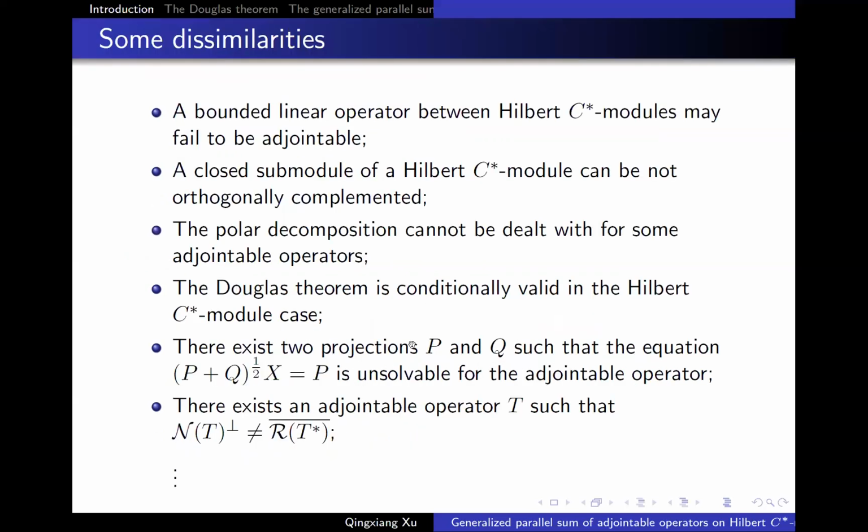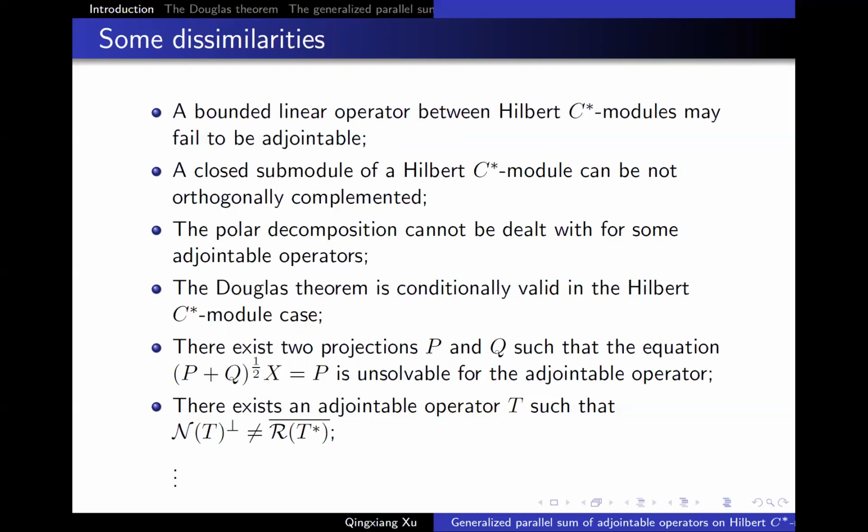Okay, here are the details. I list six dissimilarities. The first one is, of course, all these terms are true if we consider the case that the underlying space is a Hilbert space. Now, let's look at things in the framework of Hilbert modules.